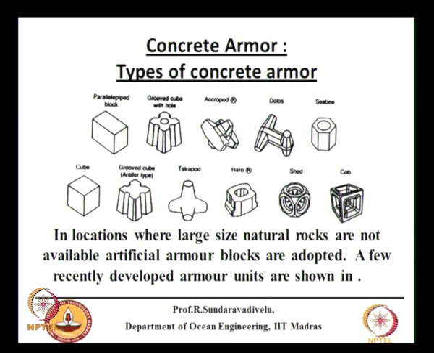The difference between acropod and other things here: acropod is single layer, we do not have to provide double layer, but placement is important. For acropod, we have to use a GPS and position the acropod. This tetrapod and other armour units are randomly placed, you can just place it anywhere. So in locations where large size natural rocks are not available, artificial armour blocks are adopted.